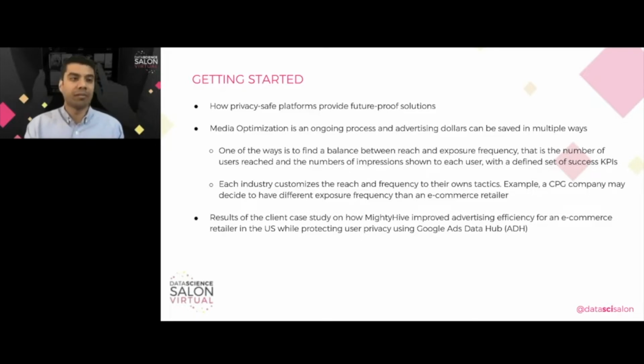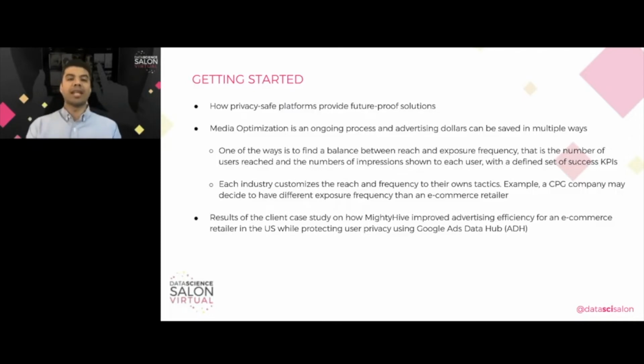Whether you are reaching prospecting users or retargeting customers, there are multiple ways to attack that same problem. At the end, we will be discussing the results and the approach of a client case study, and we'll be discussing how MightyHive improved advertising efficiency for an e-commerce retailer in the US while protecting user privacy using Google Ads Data Hub.